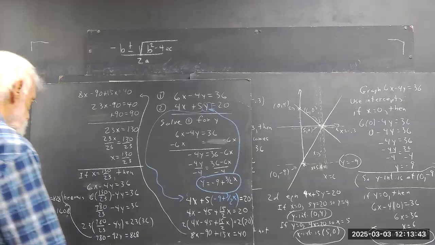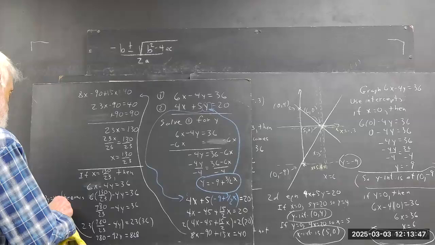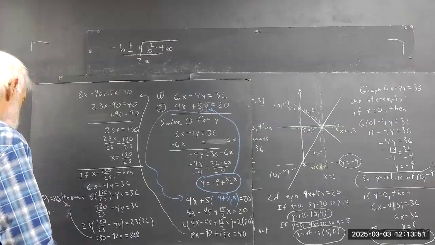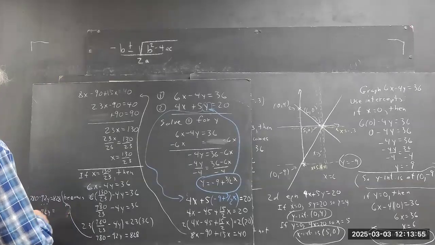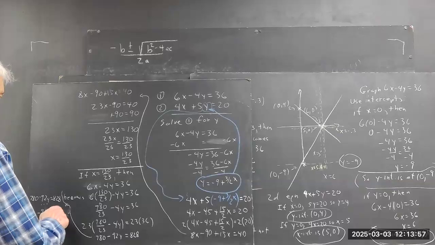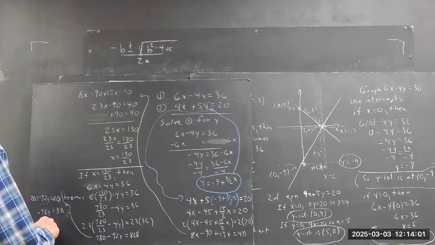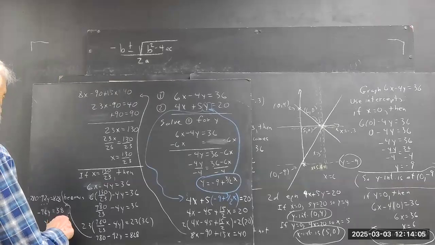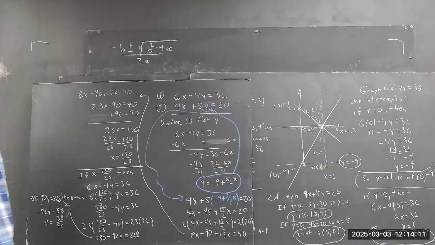So it should not have been 1608. It should have been 48, because I should have subtracted 780 from both sides. So y is negative 48 over 92.